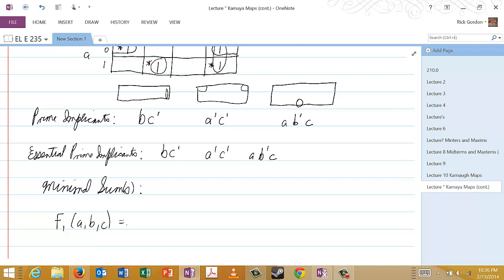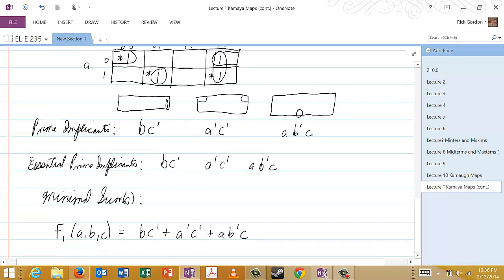Just think of the word essential: they are absolutely essential, they must be included. And then after you have what's essential, you'll add anything else that you need to add. So you'll see what I mean right now. So the essential prime implicants are BC prime, OR that with A prime C prime, and OR that with A B prime C.